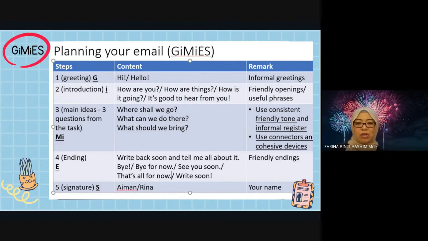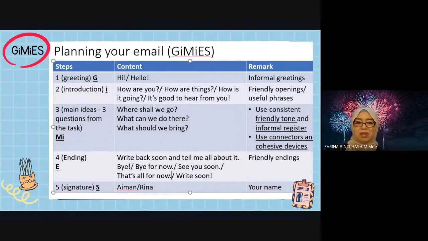And also, not to forget, you must also use connectors and also cohesive devices. So what is the difference between connectors and cohesive devices? I think you must already know what sequence connectors are, right?